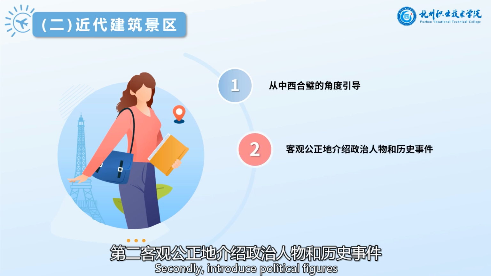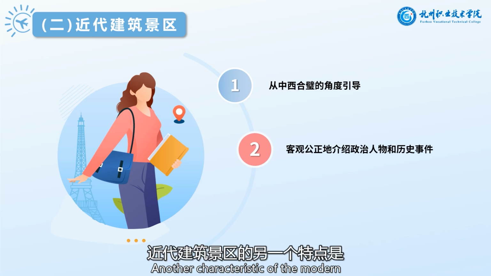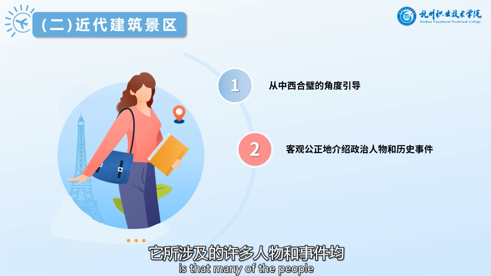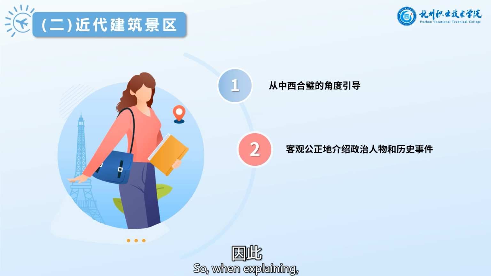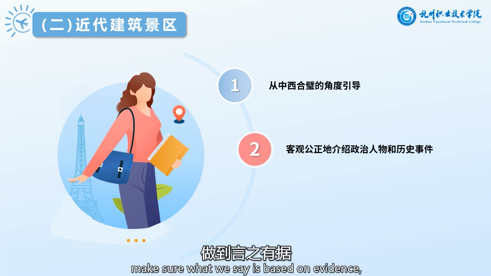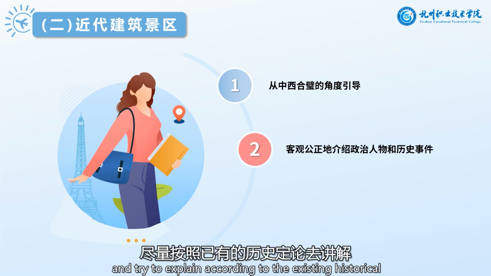Secondly, introduce political figures and historical events objectively and fairly. Another characteristic of the modern architectural scenic area is that many of the people and events it involves are relatively closely linked to the contemporary Chinese politics. So, when explaining, we should respect history, make sure what we say is based on evidence, and try to explain according to the existing historical records.